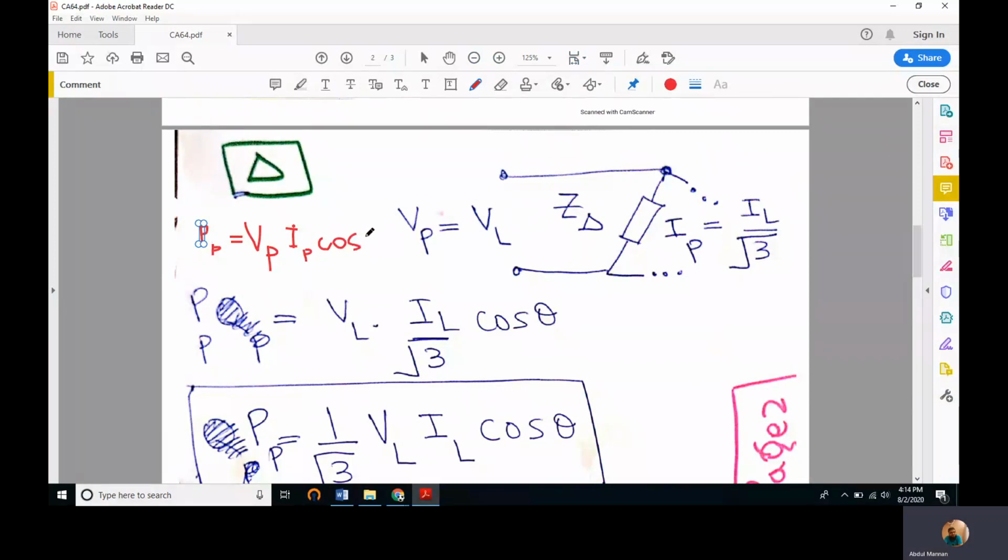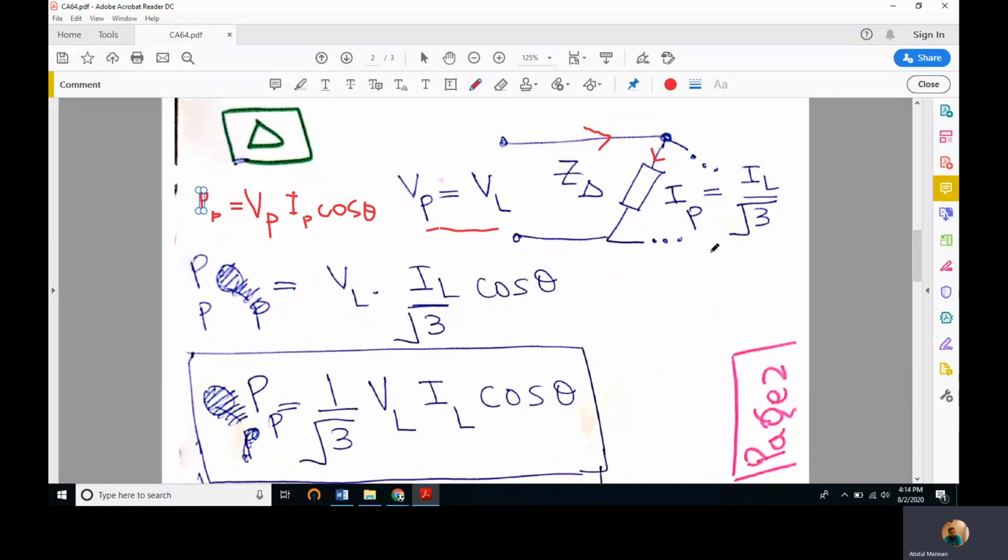In a delta-connected system, V phase is equal to V line, because we have only one type of voltage. The current in the line is the line current, whereas the current in one phase is the phase current. So the phase current can be written as the line current divided by square root of 3.